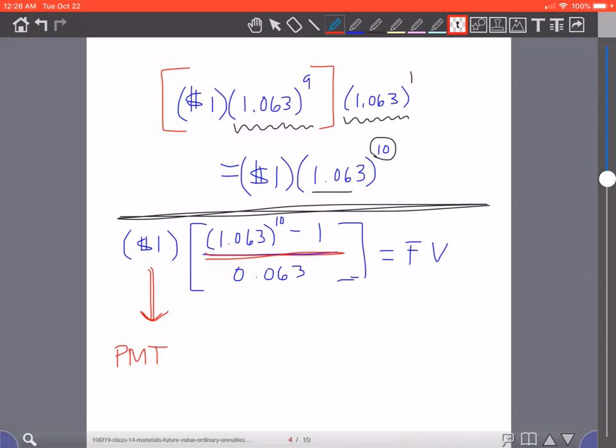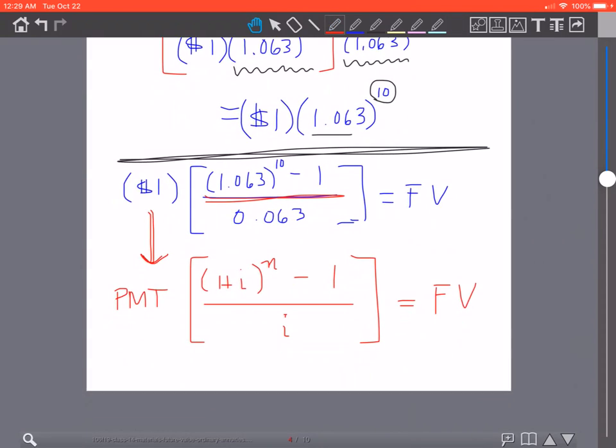So to write that out, we are taking our growth factor, we're subtracting 1 from it, and we're dividing by the interest. And that is the future value of any ordinary annuity. If you take the payments and multiply them by this growth factor minus 1 divided by i, you will get the future value of an ordinary annuity.